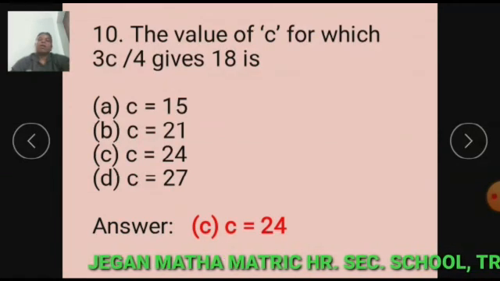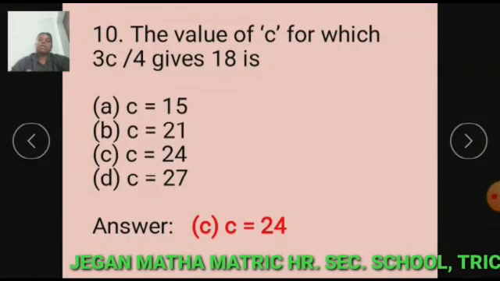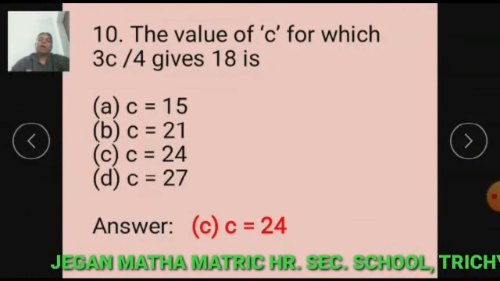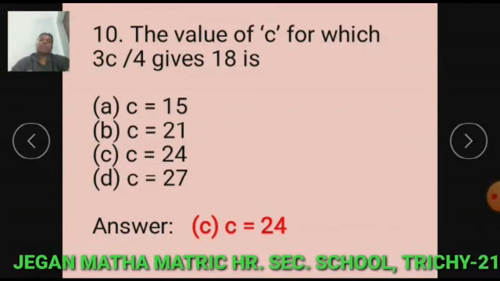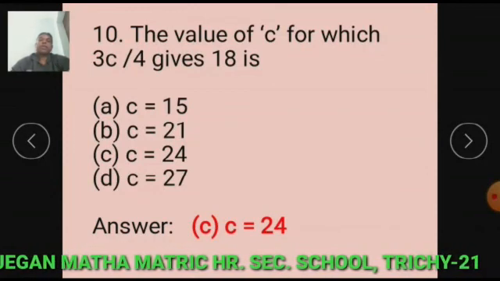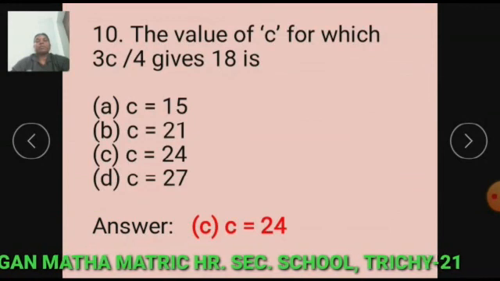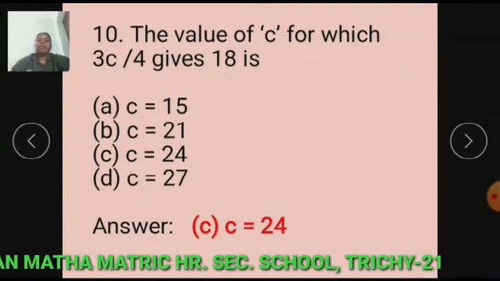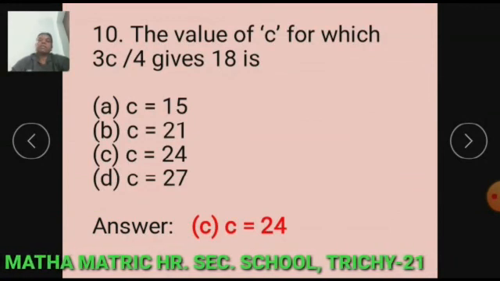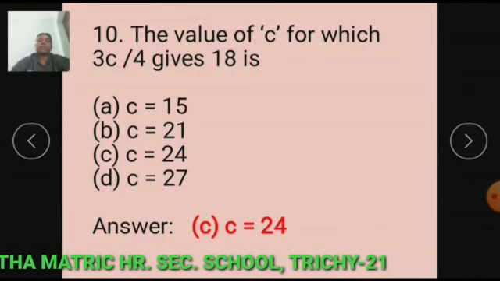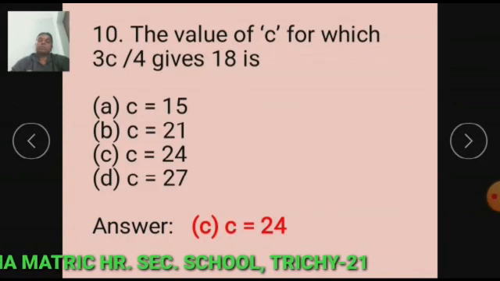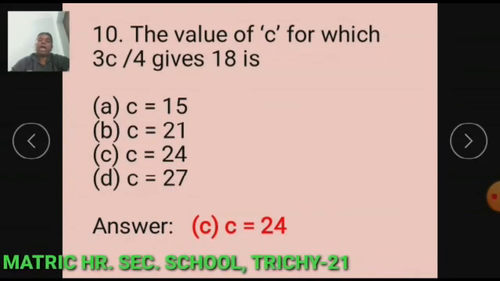Option B, C equals 21. Now we substitute the C value in the equation. 3 into 21 divided by 4. 3 twenty-ones are 63. 63 is also not divisible by 4. So option B is not the answer.